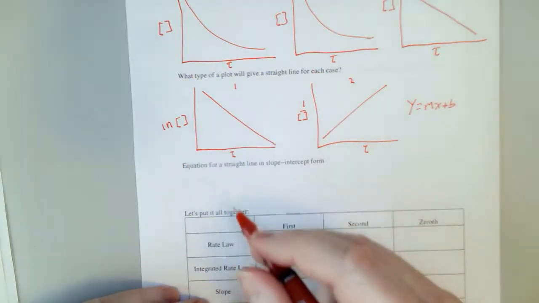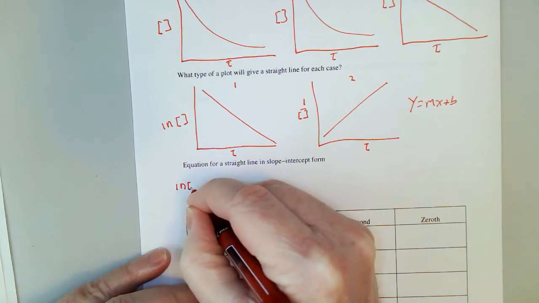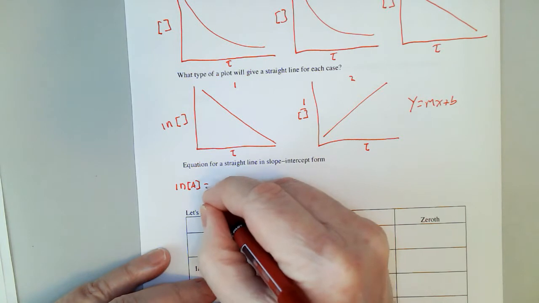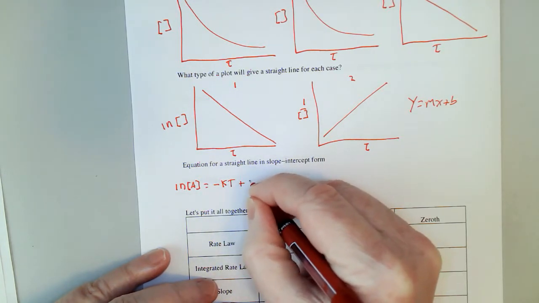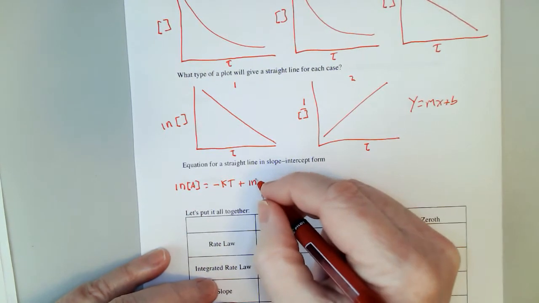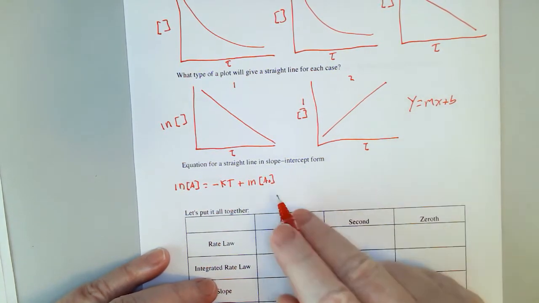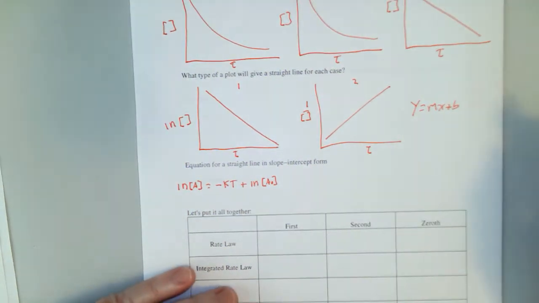Now, for a first order, that means the equation is going to be the natural log of the concentration of A is equal to minus kt plus the natural log of the original concentration of A, which is where this would hit the y-intercept.